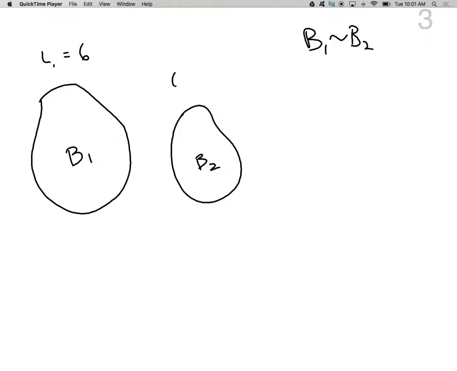And what do you want L2 to be here, Emily? 8. Oh, that's fine. Okay. Don't trust the picture. What do you want the area here to be? 14. Okay.